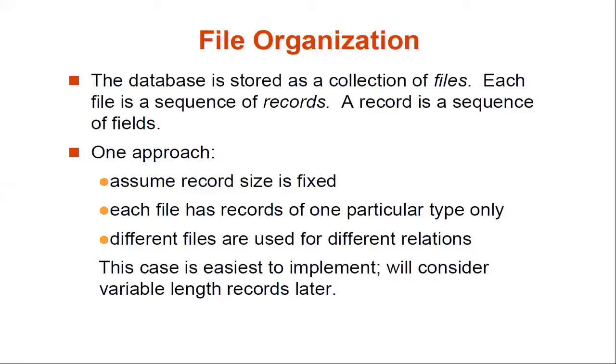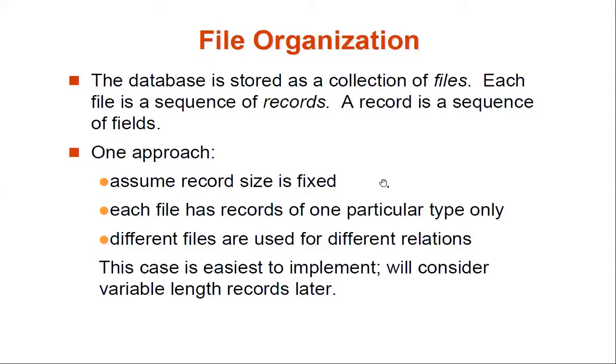But if you use varchar, it is variable in size: based on the data you store, the field size will be adjusted. Otherwise, if you use integer, date or other numerical values, everything will be of fixed size.